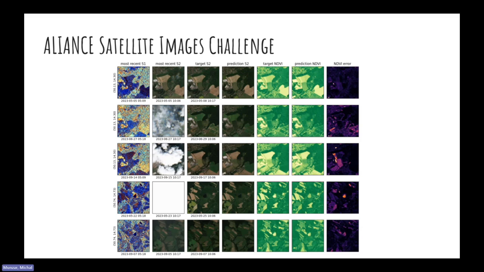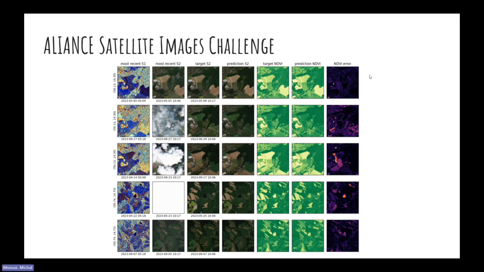So here you can see the second column is the cloudy image, the recent one. This is the target, what we want to predict, so always a cloudless image, and then our prediction. What is also very useful for farmers and for agriculture is the NDVI, the vegetation index, or other indexes. It doesn't have to be this one, which basically tells the health of the vegetation around this area.